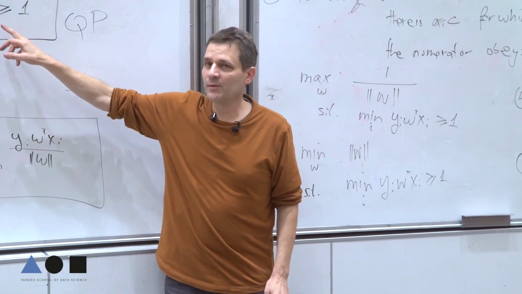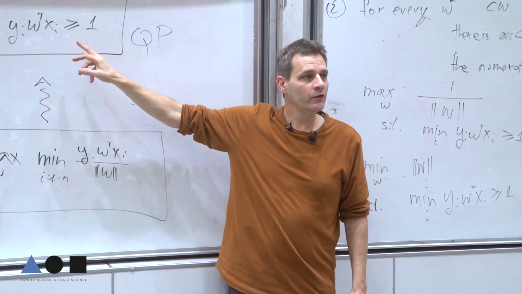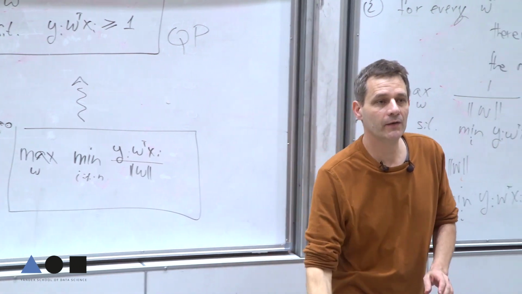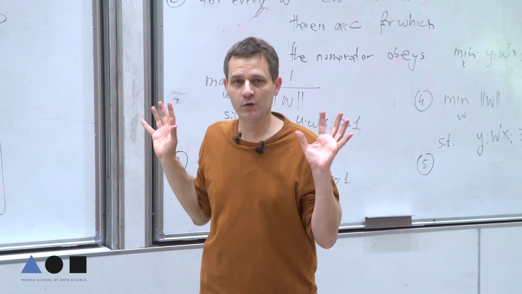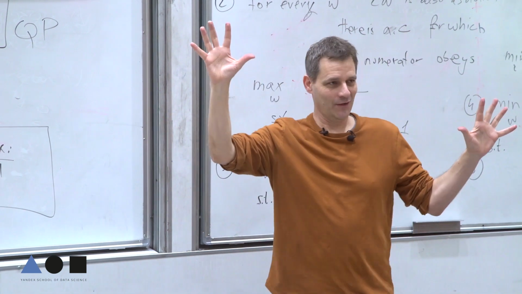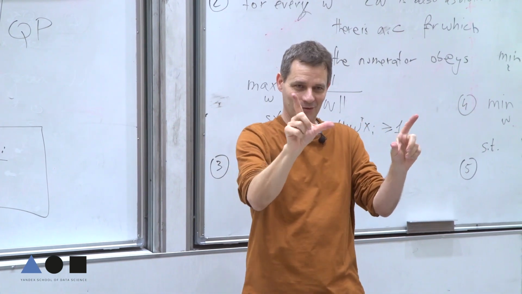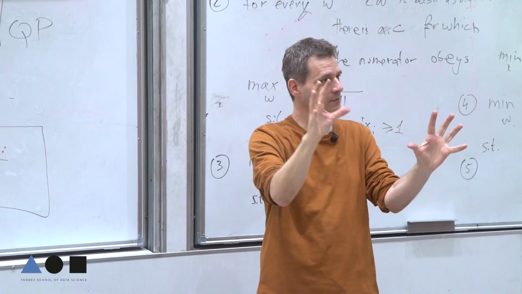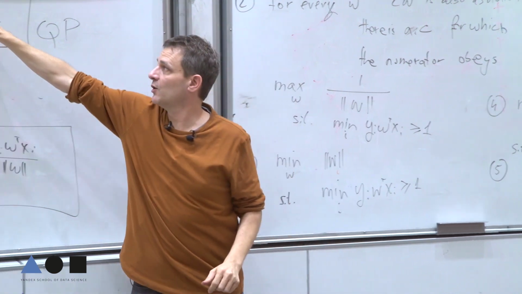So in this optimization problem, what we're trying to do is minimize the norm of w. Think about it as if what we're trying to do is to zoom out. You take your phone and you zoom out. You make everything smaller, which means the scale is going to be smaller, right?